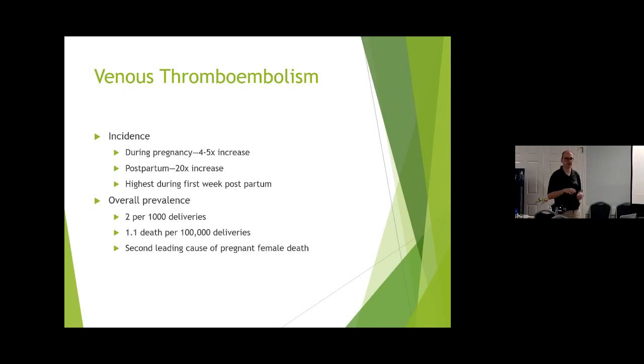So during pregnancy, your risk for DVT can increase 4 to 5 times. Your immediate postpartum phase can increase 20 times, highest during the first week immediately postpartum. Overall prevalence, somewhere 2 to 1,000 deliveries. We still see maternal deaths from this, just over 1 per 100,000. Second leading cause of pregnant female death in the U.S.